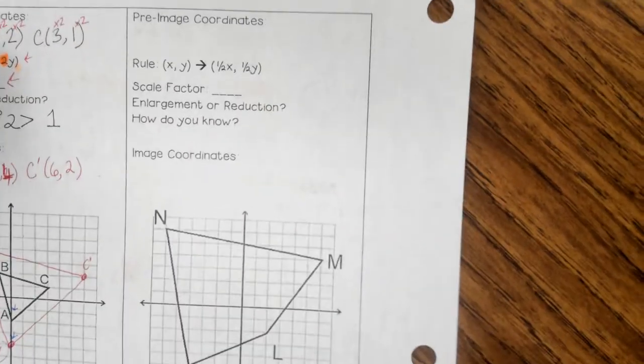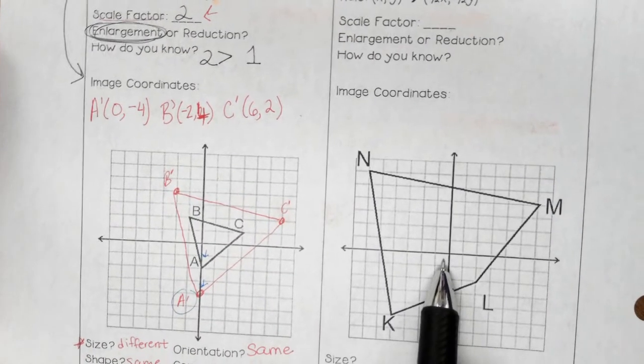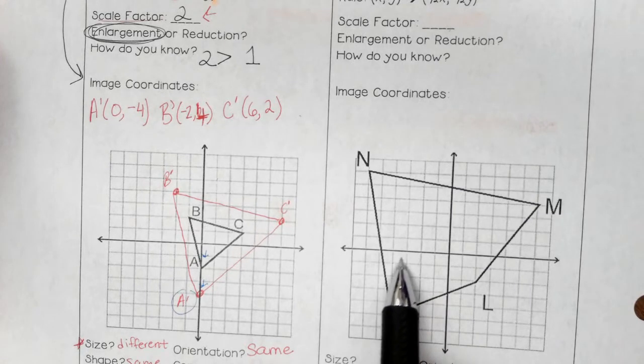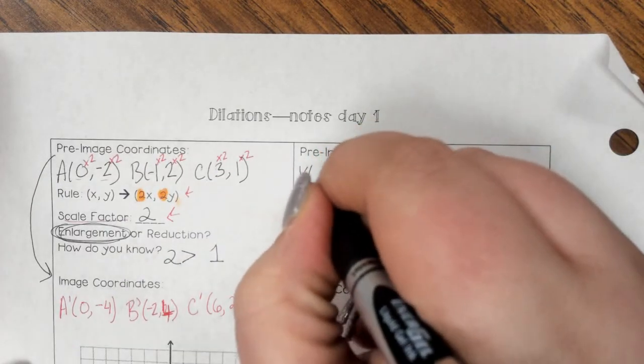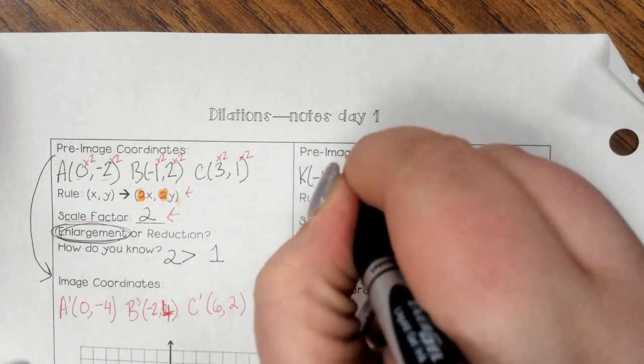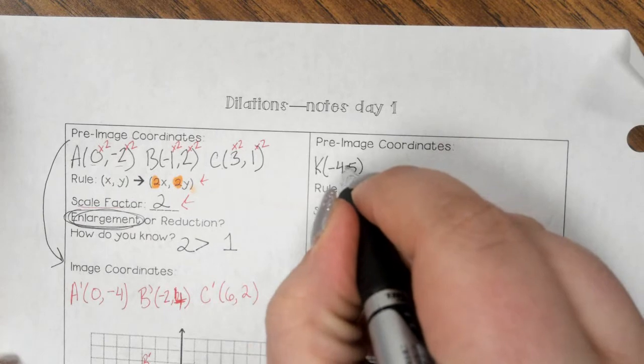Looking at the second example here, I need the pre-image ordered pairs. So I'm reading K at left 1, 2, 3, 4, down 1, 2, 3, 4, 5. So K is at negative 4, negative 5.